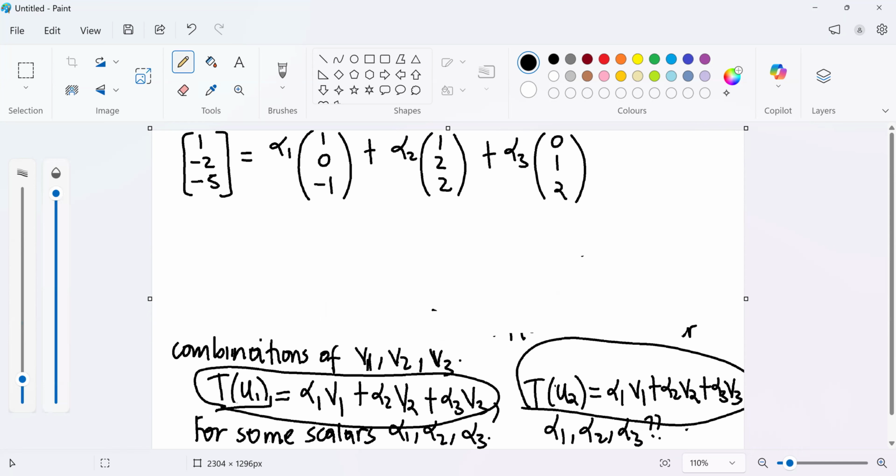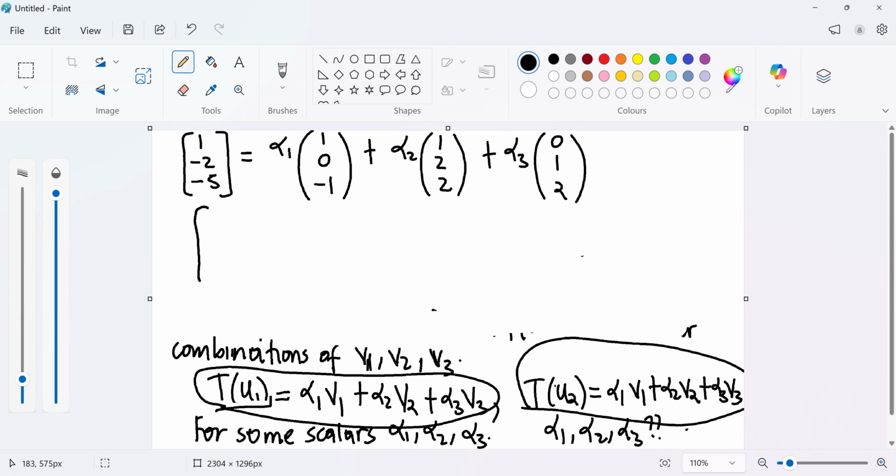Hope you agree with me that alpha 1 plus alpha 2 is 1. That is the first equation. Then the second equation is 2 alpha 2 plus alpha 3. Maybe I use row reduction. Okay, let me use row reduction.